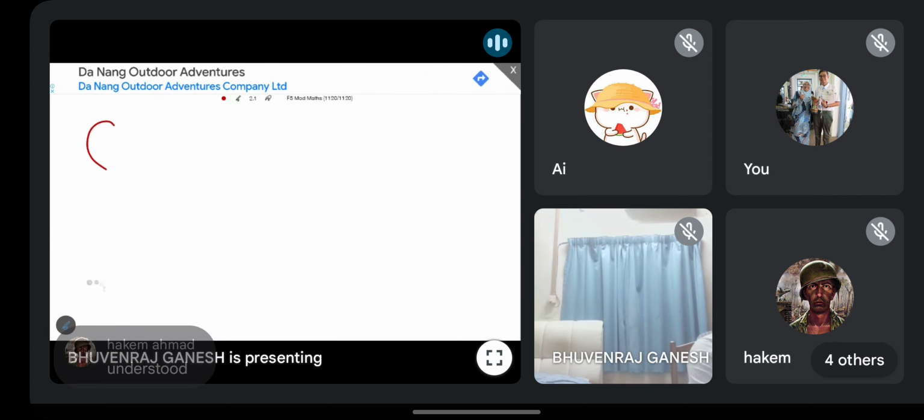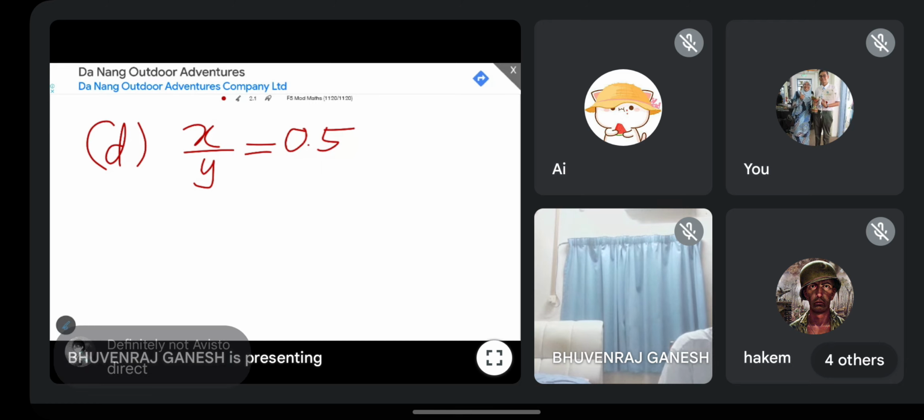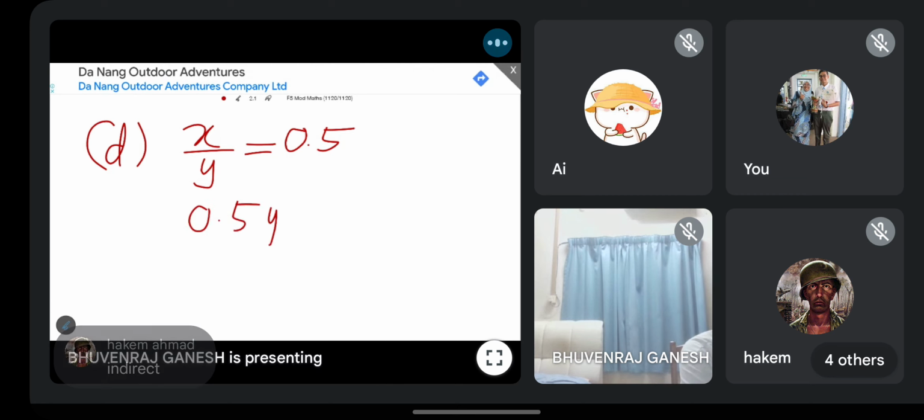Okay, so we try the last one. Last equation. So can you all tell me this one? Is it direct variation or not direct variation? Okay, we check and see. You see 0.5y equals x.